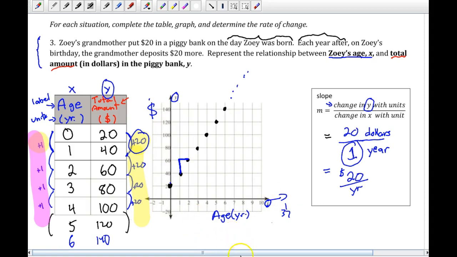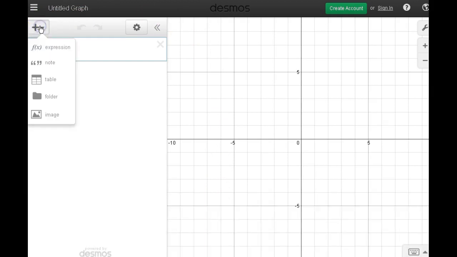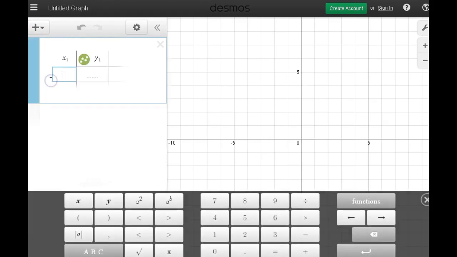Okay. Now, let's switch over to Desmos, and you have a new graph. Right here where it says Add Item, there's a choice for Table. Go ahead and click on that. And go ahead and type in the table that we just created.